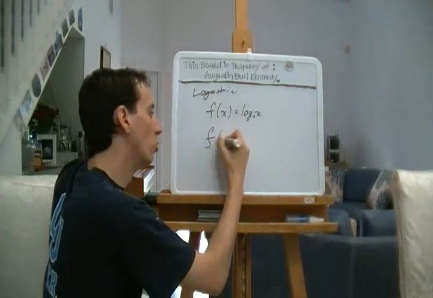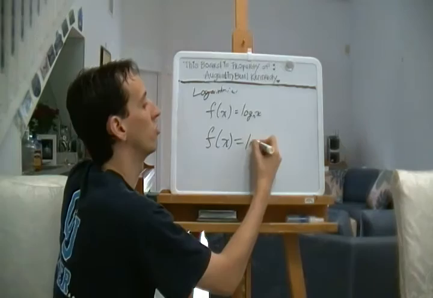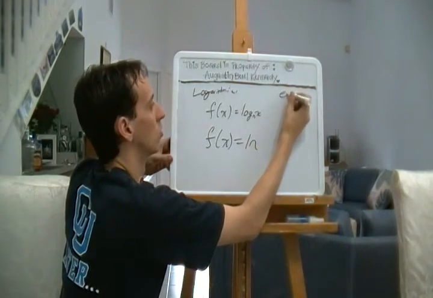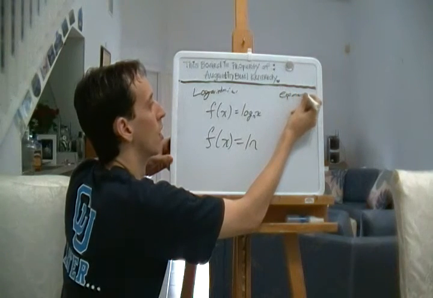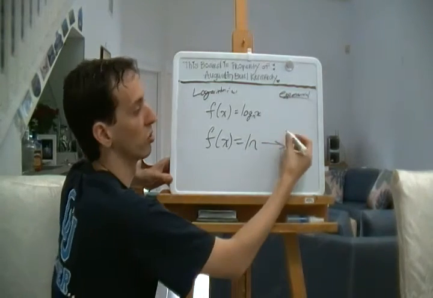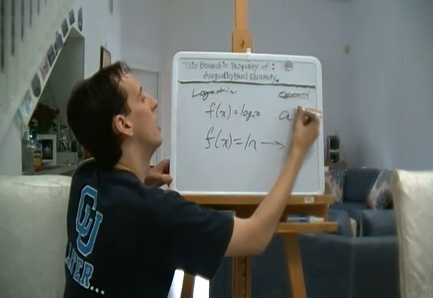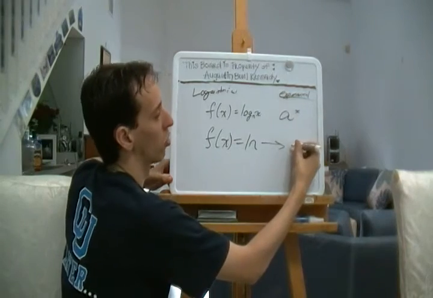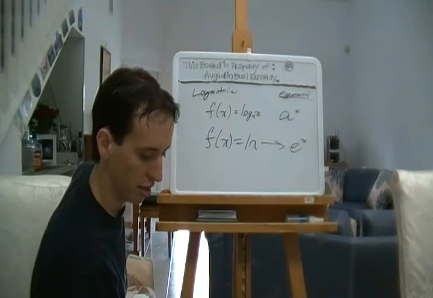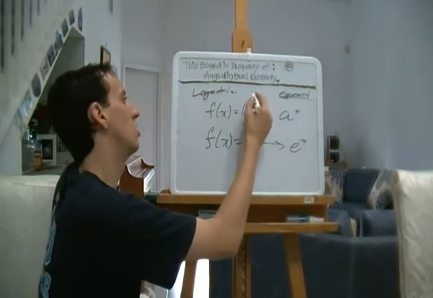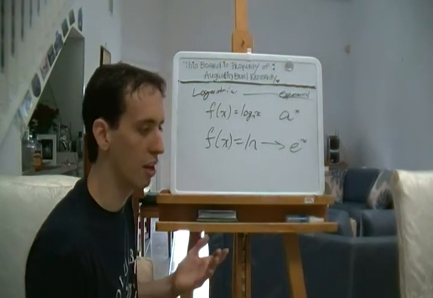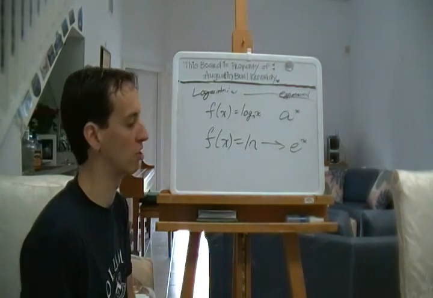When we talk about logarithms, we're going to almost exclusively use the natural log, ln. And when we talk about exponential functions, which we're going to talk about next time, or the time after that, we're going to focus almost exclusively not on a to the x, but on e to the x, which is the inverse of the natural log. And these two types of functions can be called transcendental functions. In other words, they're functions that can't be described algebraically.